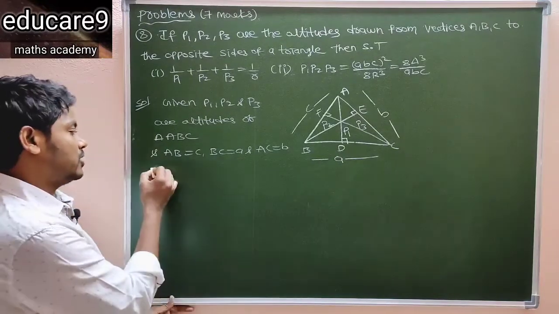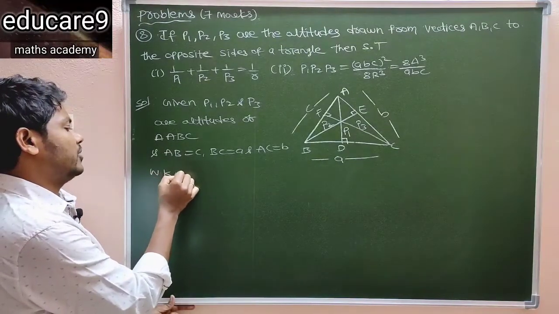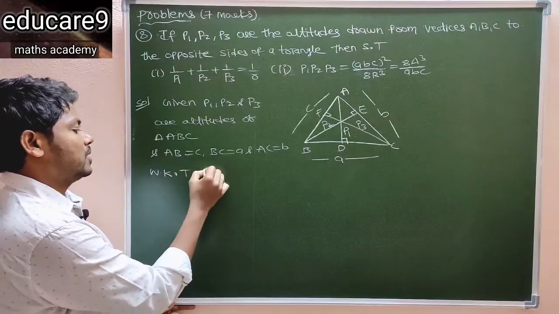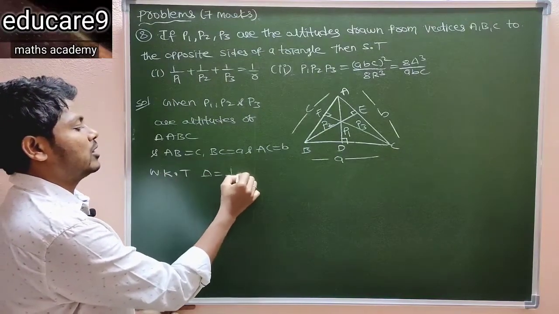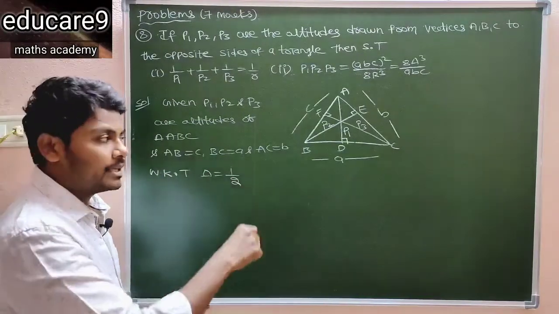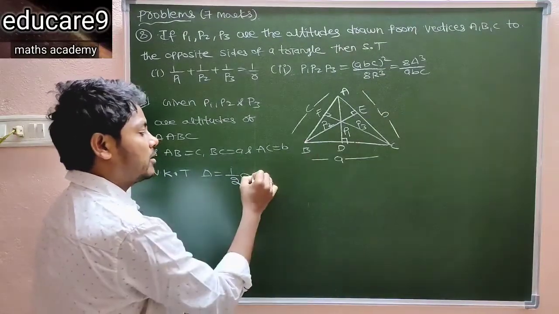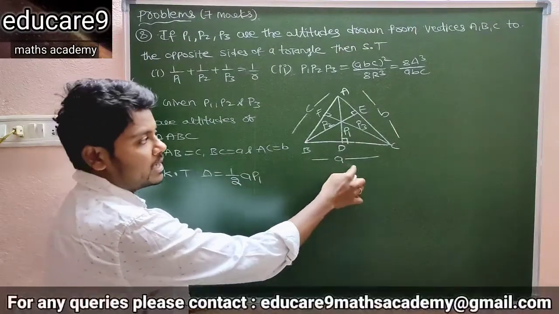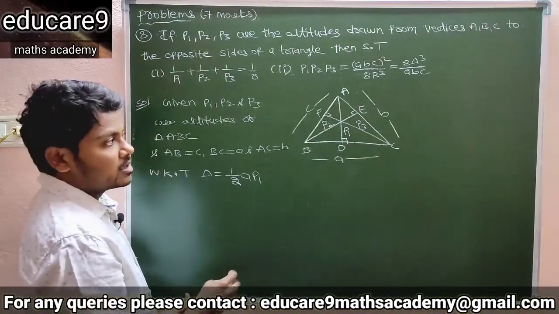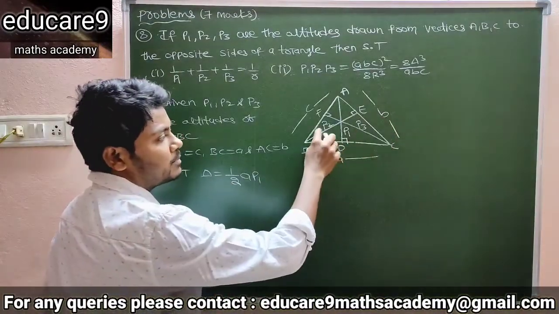Now you know the area of the triangle formed. What is that? Delta is equal to half into base into height. Base is a and height is P1. So with respect to base a, height is P1. With respect to base b, height is P2.